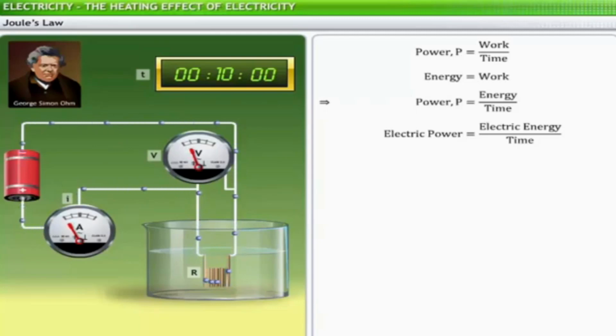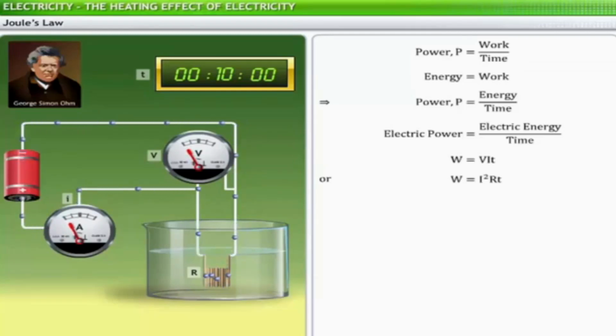We have seen earlier that electrical energy is expressed as W is equal to VIT, or W is equal to I square RT.